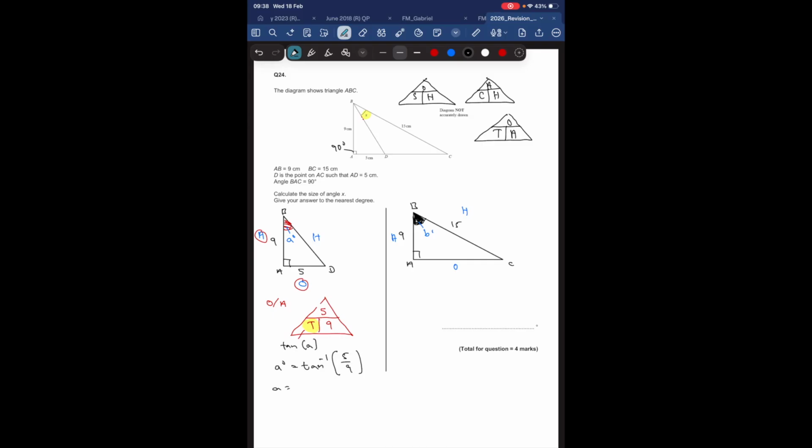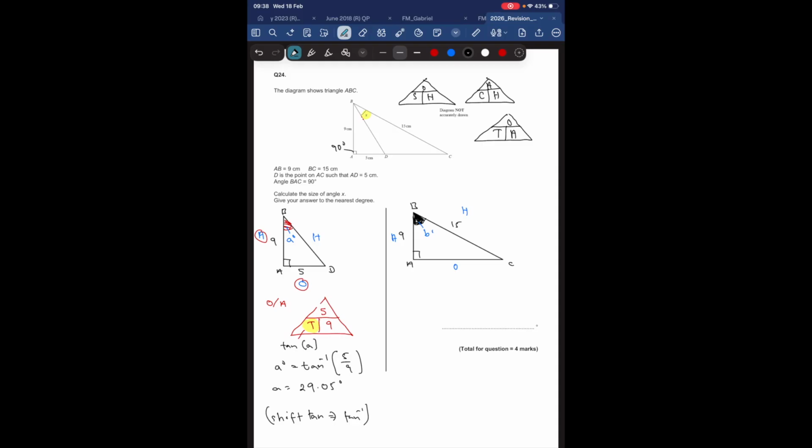We're going to put the answer to at least 2 decimal places, as we don't want to approximate too much. On the calculator, we get 29.05 degrees. Remember that to get tan to the -1, you press the shift button and then the tan button.